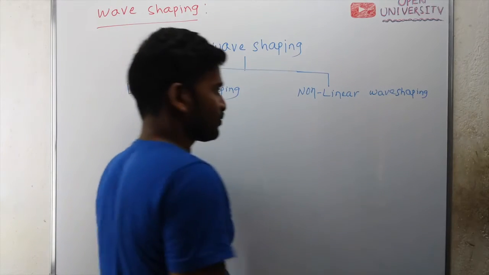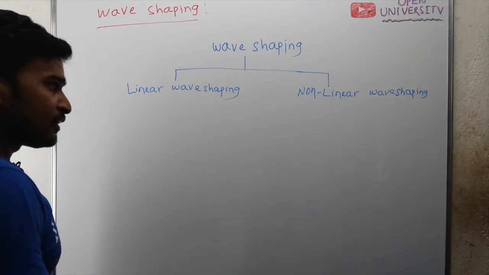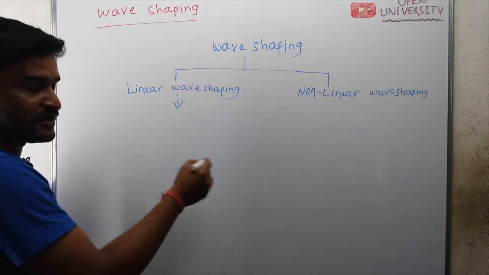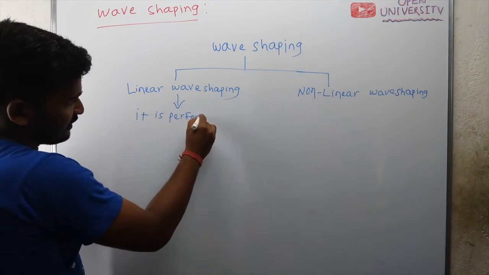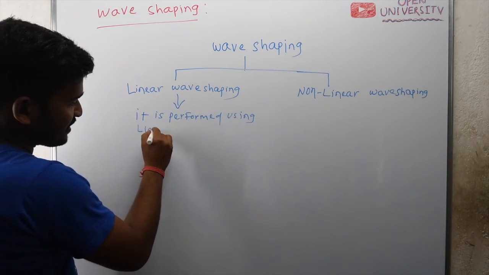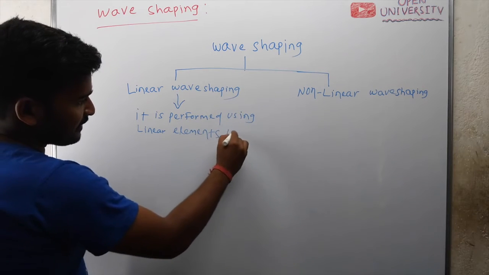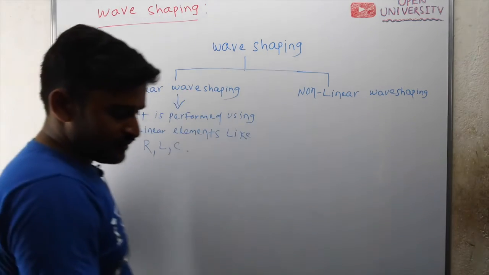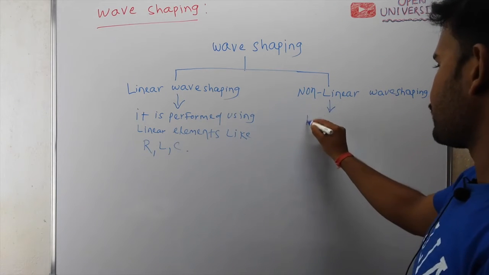Linear wave shaping is performed using linear elements like resistor, inductor, capacitor. And non-linear wave shaping is performed using non-linear elements.